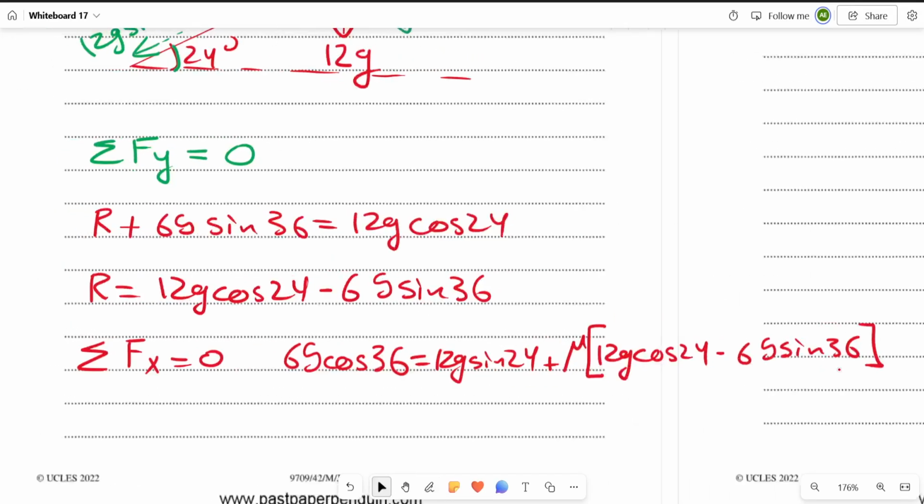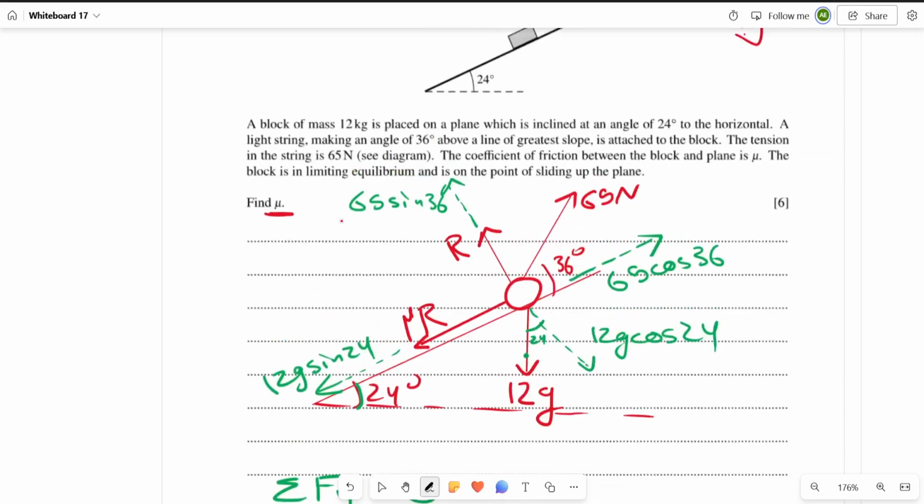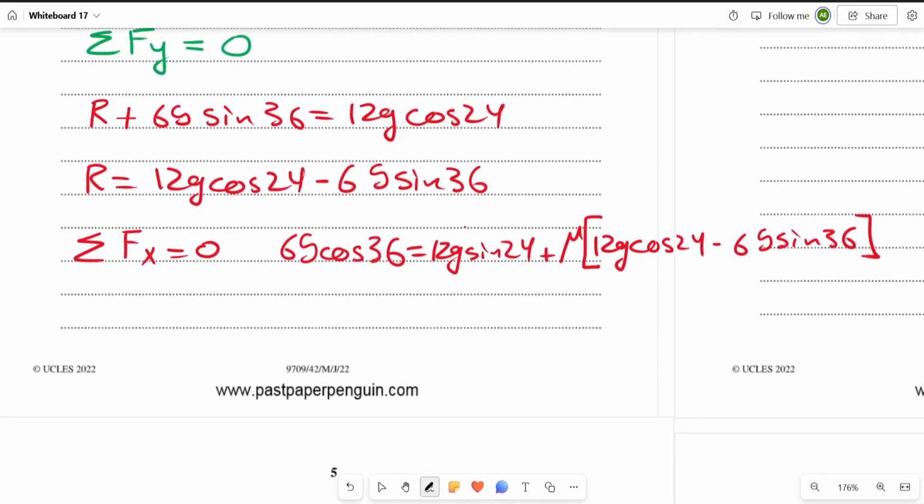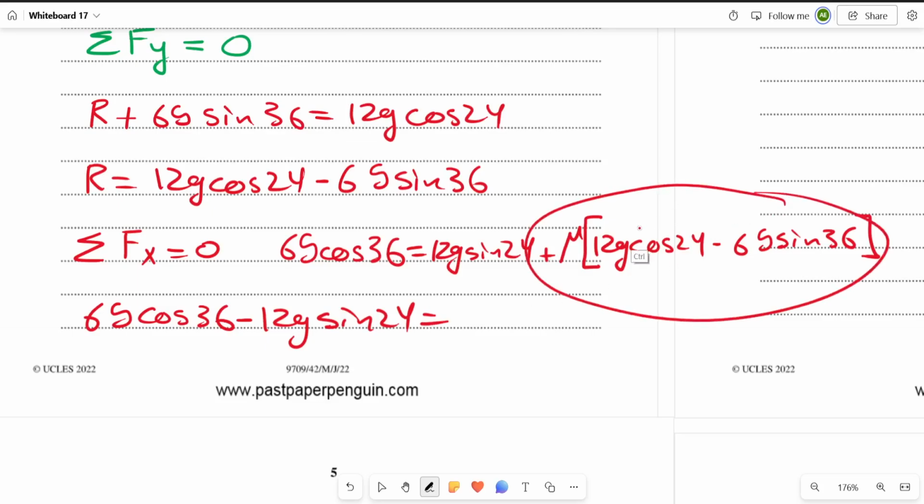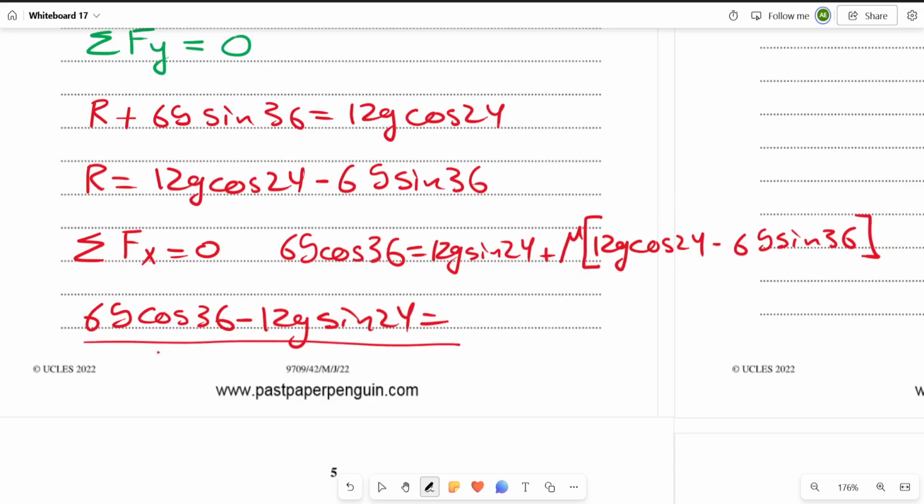From here, I can find my mu, where I can move this to the other side. So 65 cosine 36 minus 12g sine 24 is going to equal this. I'm going to divide both sides by this value, which is 12g cosine 24 minus 65 sine 36.